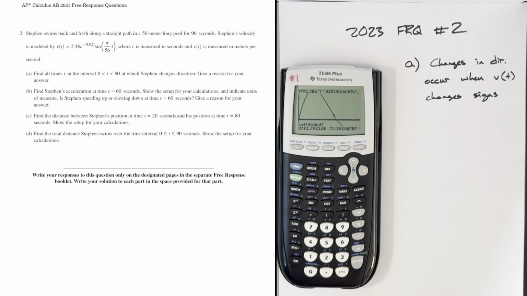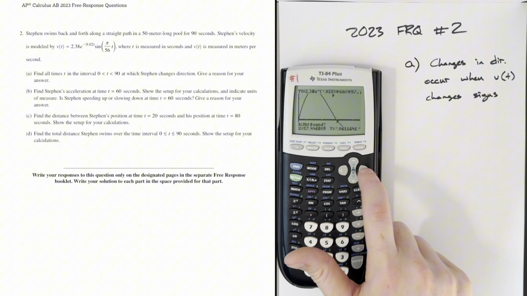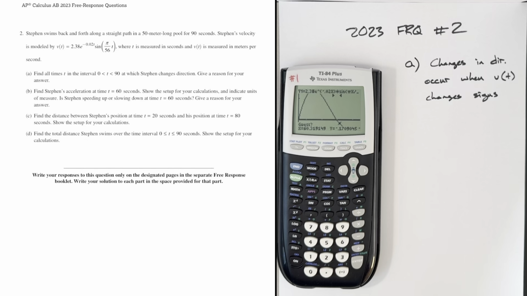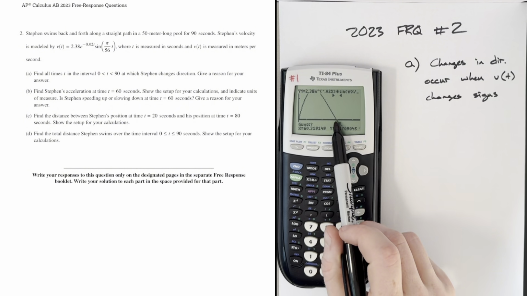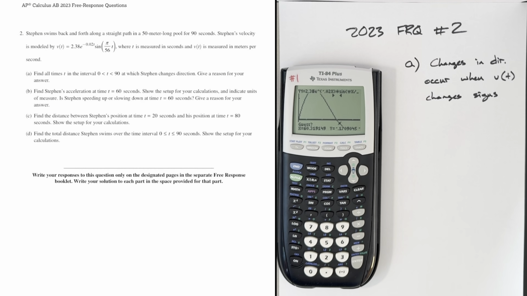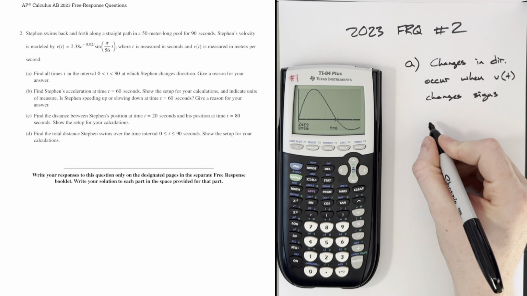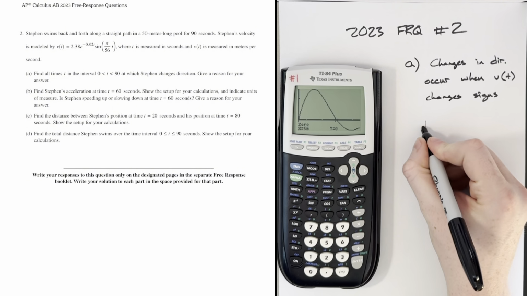So I'm going to go just to the left of this point, click enter, go just to the right, and get a second right bound. So now you can kind of see these arrows. The place where it crosses the x-axis has to be between these points, and it's going to get a really great approximation. I click enter to find the point, and it is at 56.